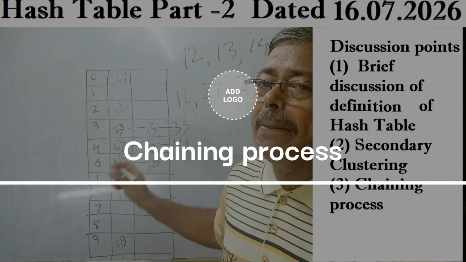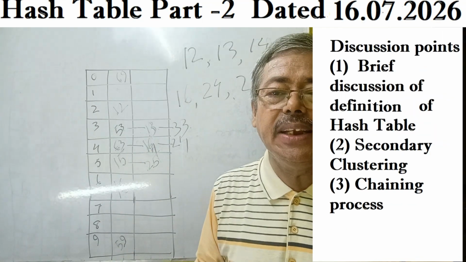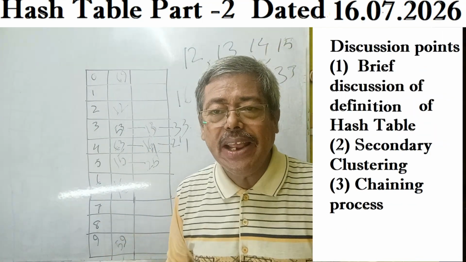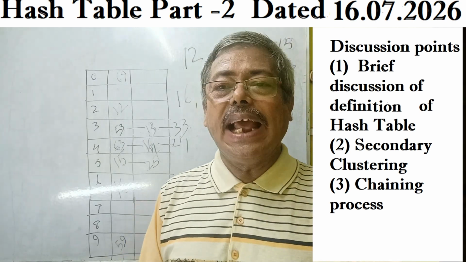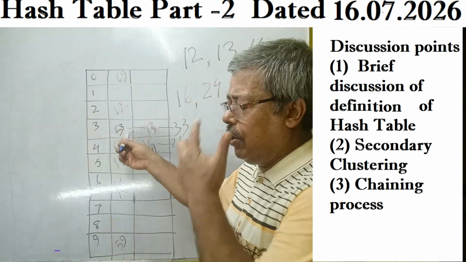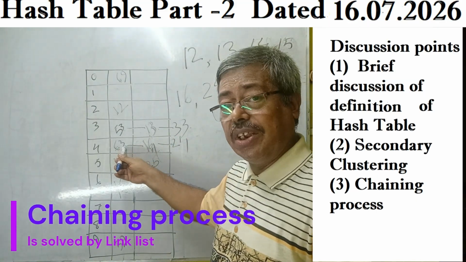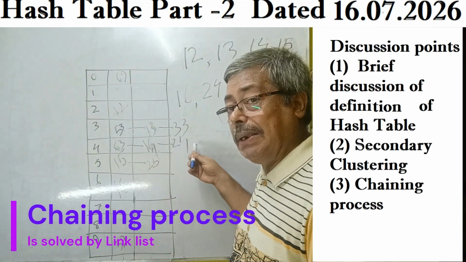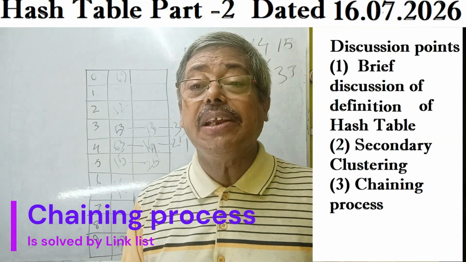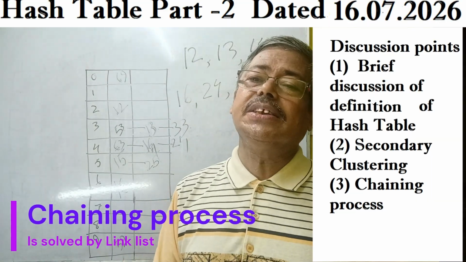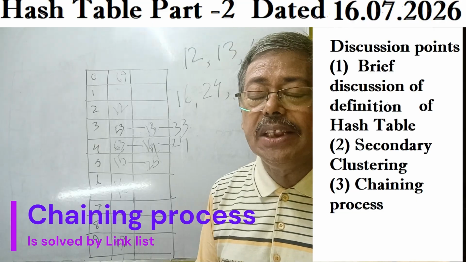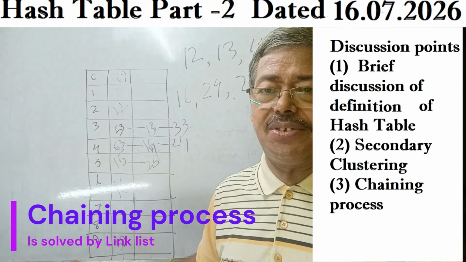Using a linked list, we can establish a link, and by this link we can access the data. Using 53, we can access 13 and also 33. Using 63, we can access 14 and 24. So the linked list is the solution, and this is called the chaining process.